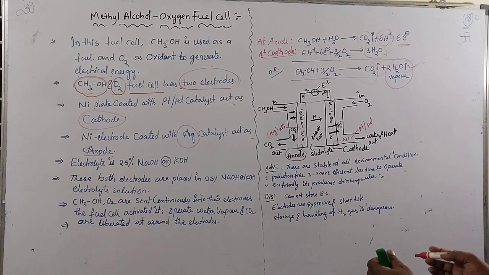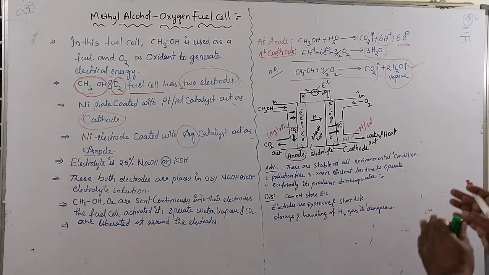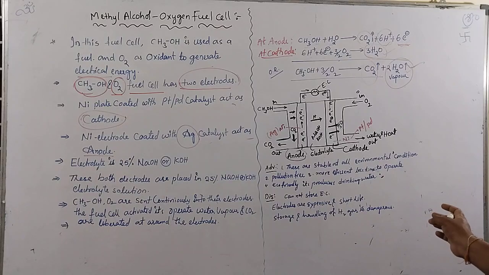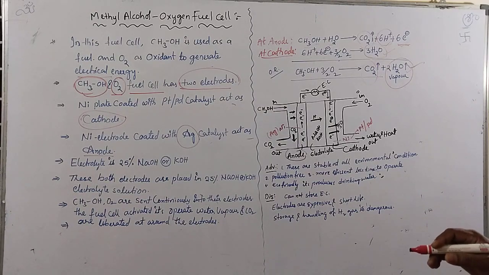The water vapor is formed, meaning H2 and O2 are separated in this process. The evolving of H2 gas is dangerous, so that is one disadvantage of this process. So there are some advantages and some disadvantages.